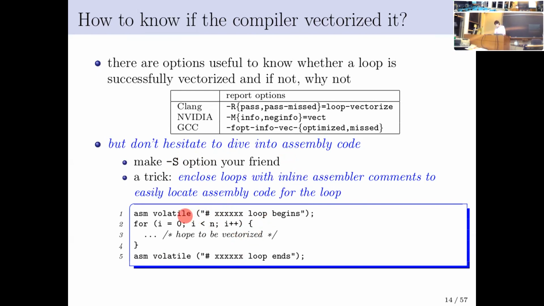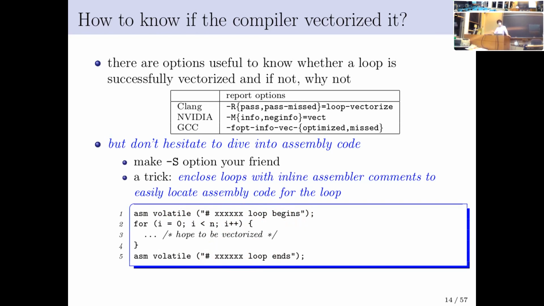But there's an interesting trick you can play. You insert something called inline assembly code, and these comments are just inserted into the generated assembly. The compiler doesn't have any idea what this string does, so it might think it is actual instructions.